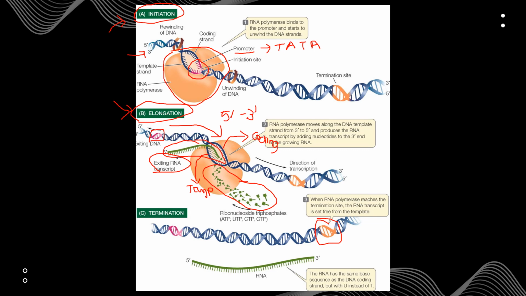So that's what RNA polymerase does. It hits this termination site, it rewinds up the DNA, and it just leaves. It goes away. Let's pretend that's RNA polymerase over there. It leaves, and it releases our nice RNA transcript, which is what we wanted with this whole process. So this is basically how RNA transcription works as a whole.